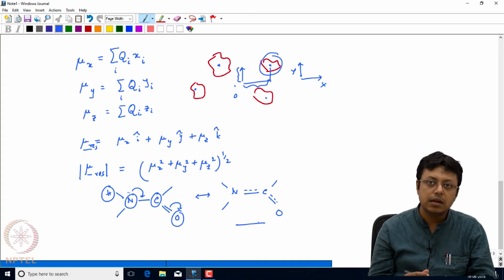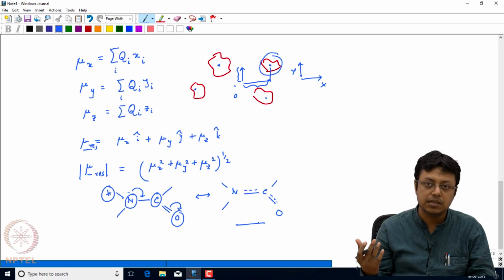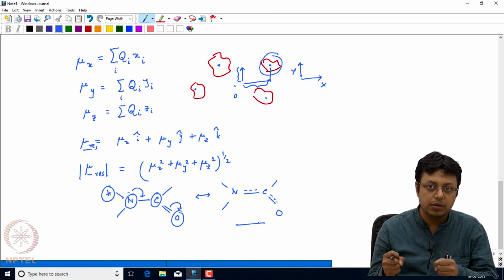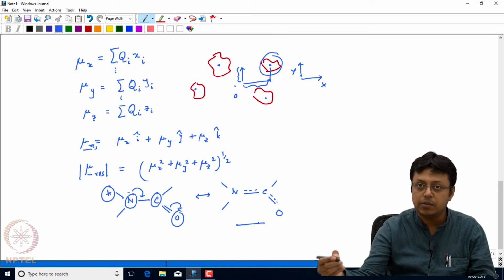Now, the question is, dipole moment is not the only thing that the molecule possesses, because here we are talking about the distribution of charges in the molecule, and we talked about only dipole. Dipole is not the only thing that we have, and we also have something like quadrupole. What is a quadrupole? We already gave you an example, which is carbon dioxide.